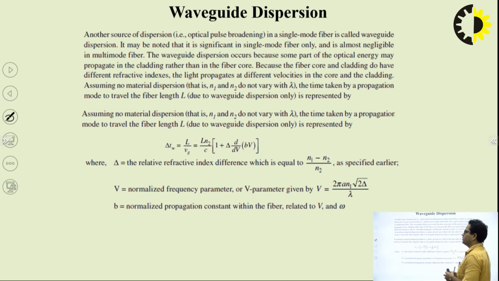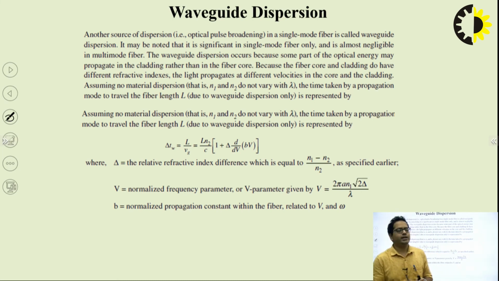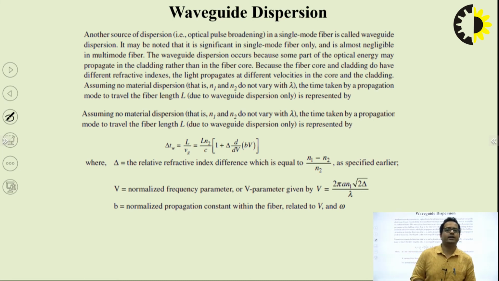In the case of waveguide dispersion, it is another form of dispersion which together with the material dispersion causes intramodal dispersion. Waveguide dispersion occurs in a single mode fiber, and its magnitude is almost negligible in the case of a multimode fiber.